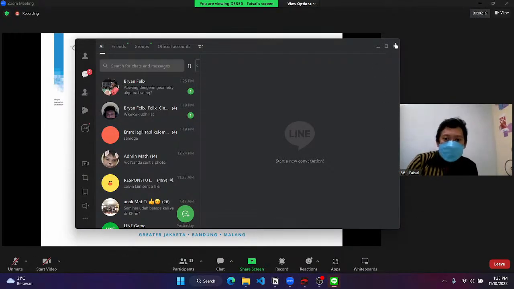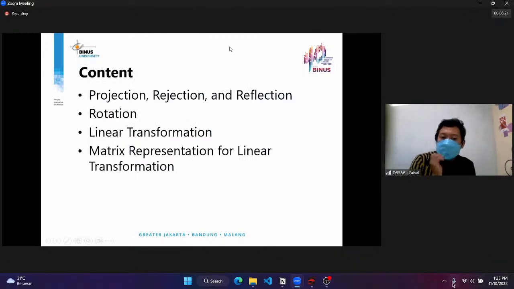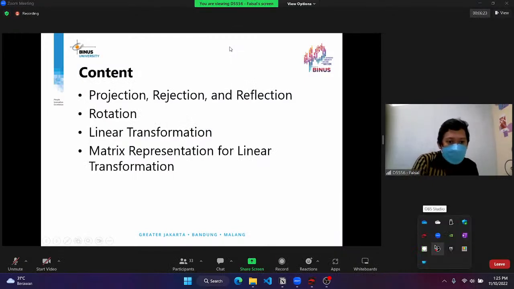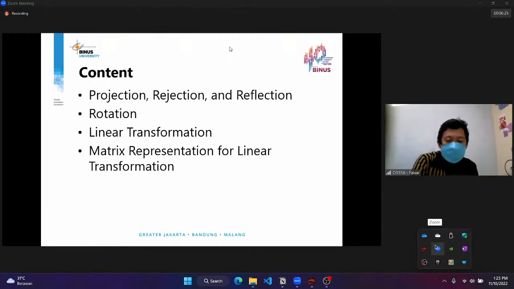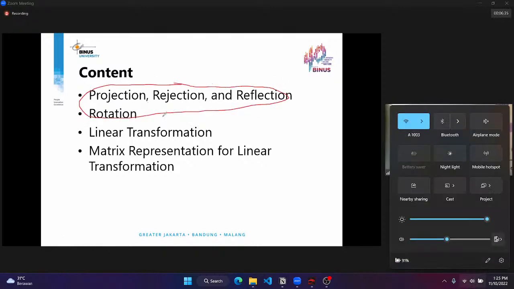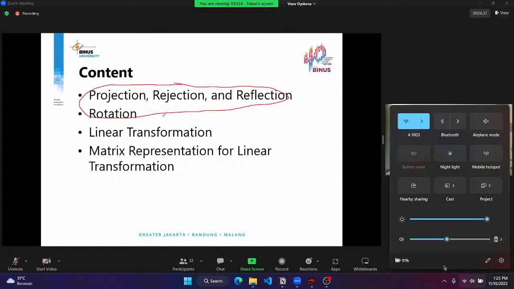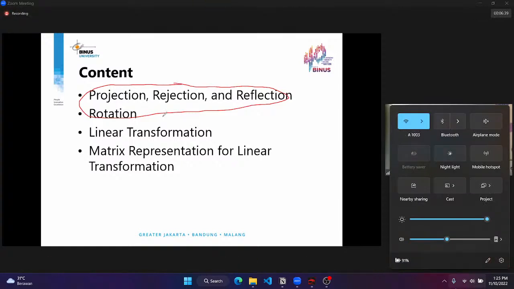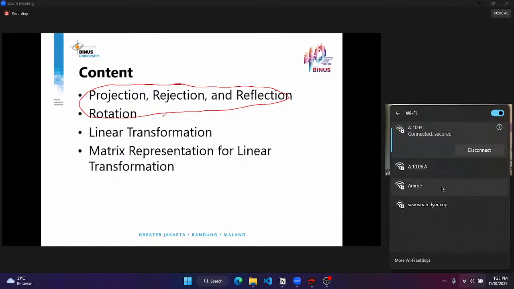Okay, what transformations will we study? There are projection, rejection, reflection, and rotation. First, I will explain the algebraic form of these four transformations.